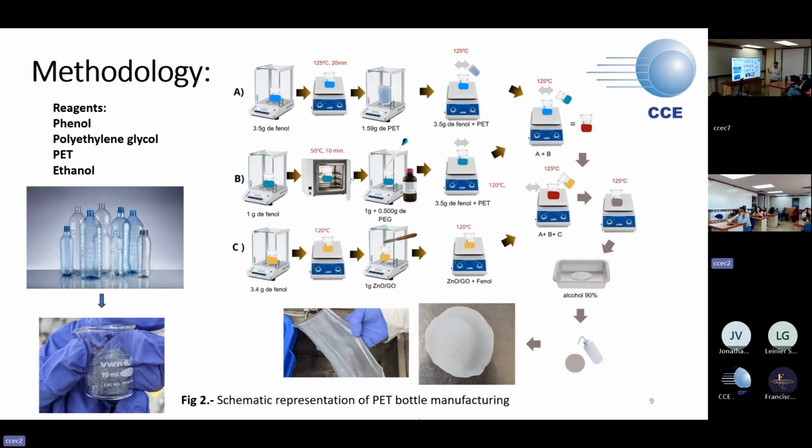For example, when we only want to produce some membranes with PET, we only heat phenol. If we want to introduce another material, for example, zinc oxide, at this moment we mix the liquid phenol with the zinc oxide, and at the end we mix the combination of A and B with C.